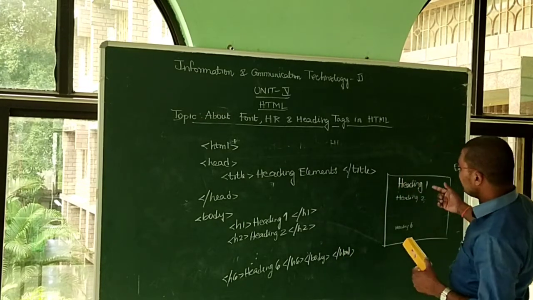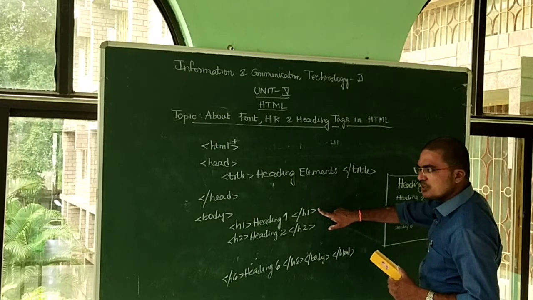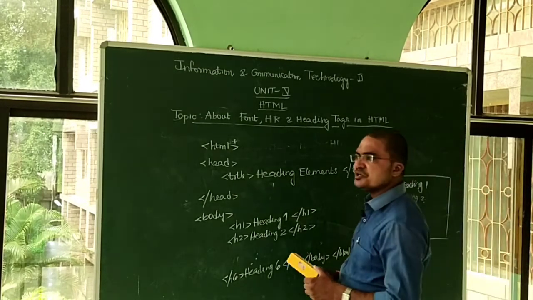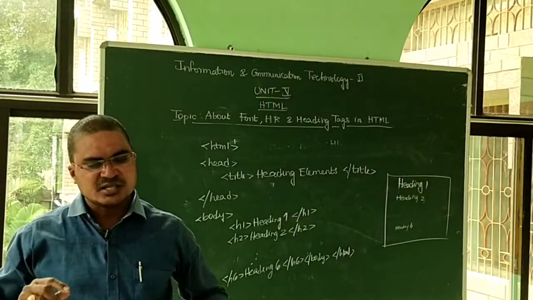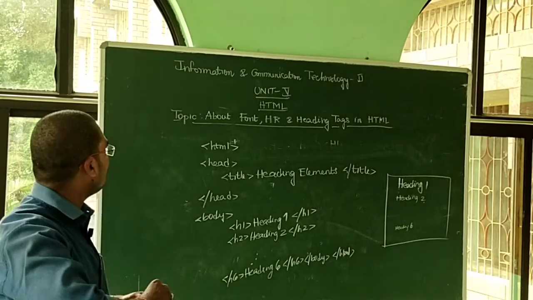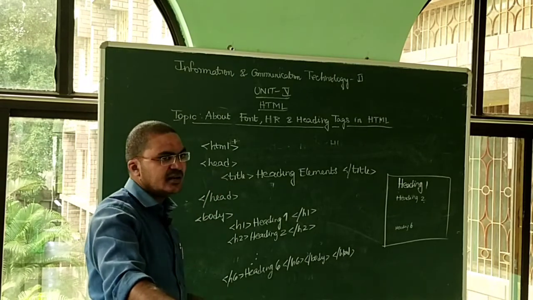I didn't use the BR tag, right? But without using the BR tag, all headings come on a new line. This is the advantage. And one more important thing, without boldface, all the text appears bold also. So in this session we completed font, horizontal rule and heading tags in HTML.